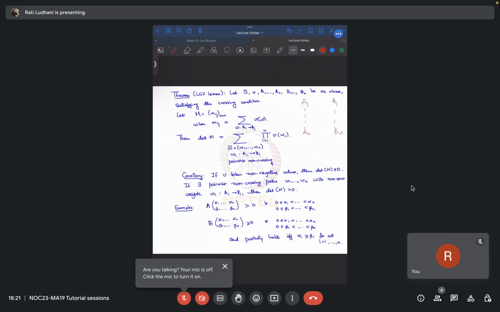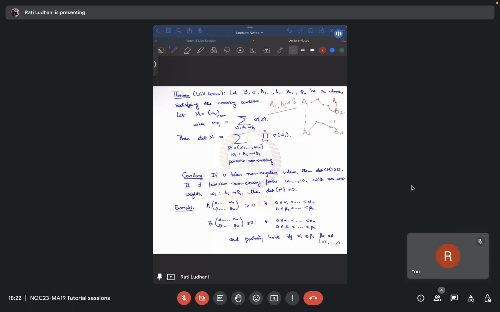These AIs are a subset of S, and the BIs belong to S. And now you are talking about the paths from A1 to B1, A1 to B2, A1 to B3, and so on. You could have some path like this, and there could be nodes in between. Some paths are there.